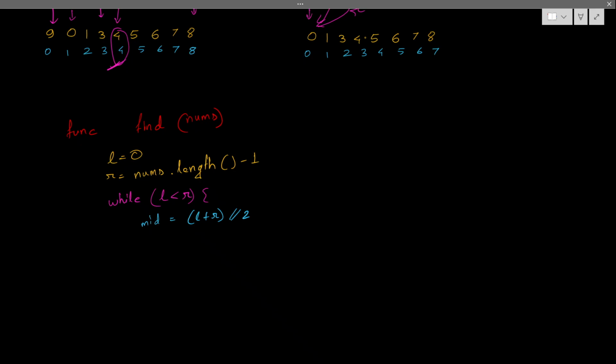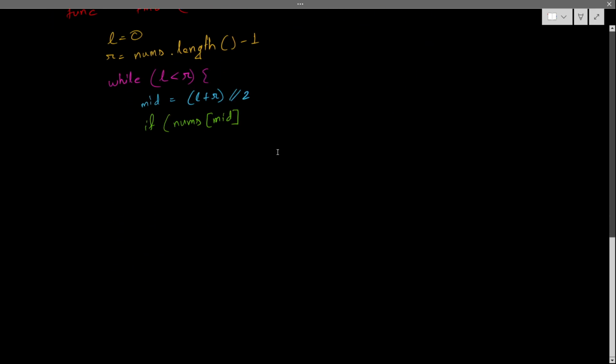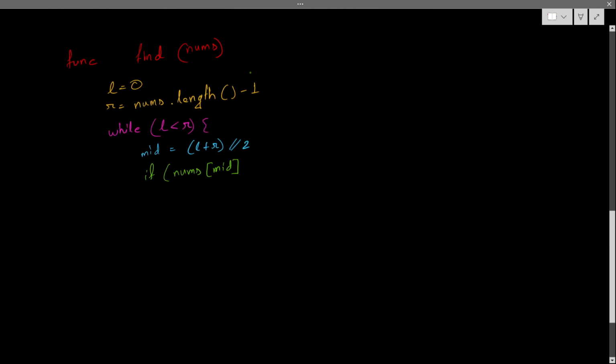What I told you, I have to check whether mid is there or not. See what the two cases are. If nums of mid is greater than nums of R, if it is the maximum value, then it's the first case.